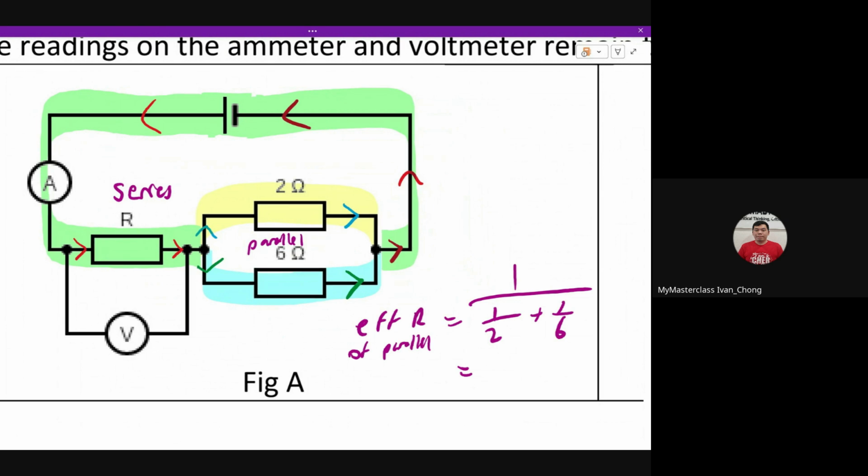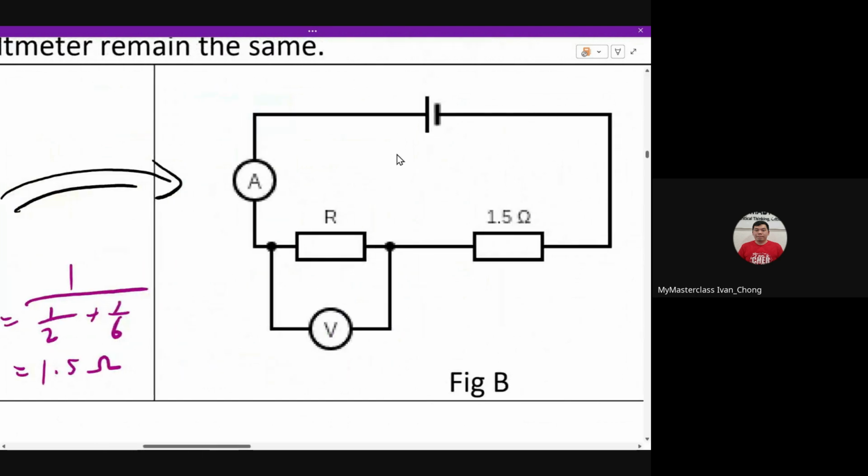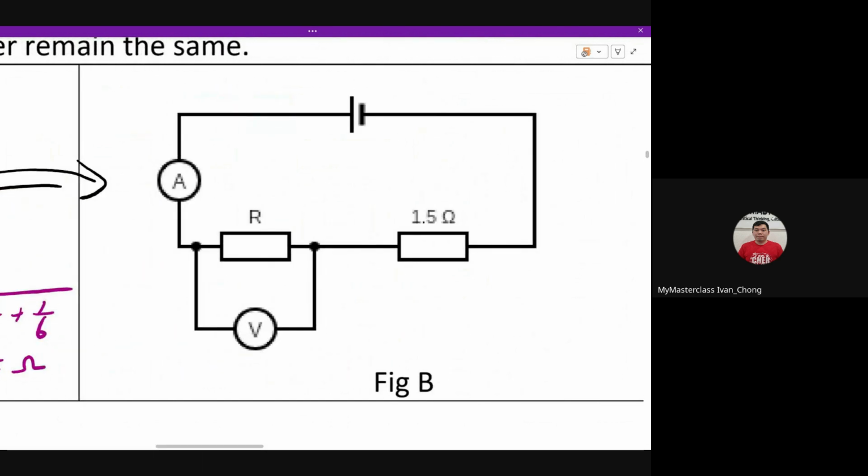We're going to end up with 1.5 ohms, all right? So this entire parallel part, I can replace as a 1.5 ohm resistor.